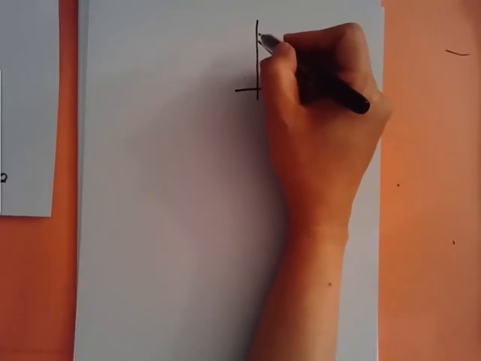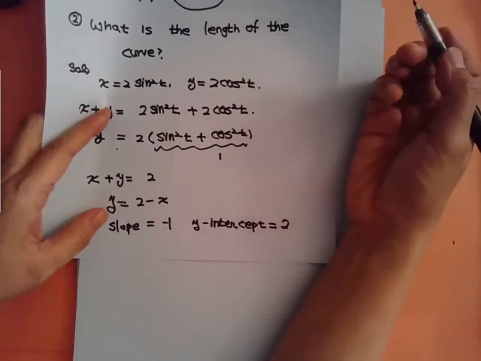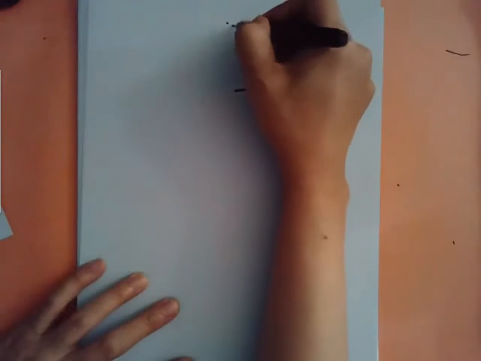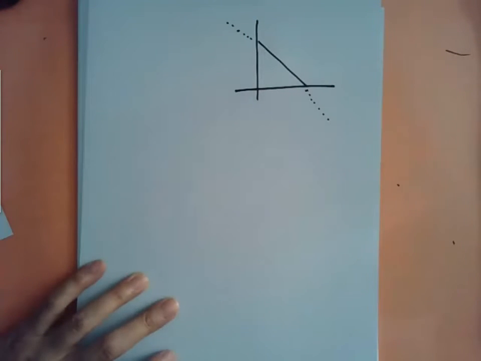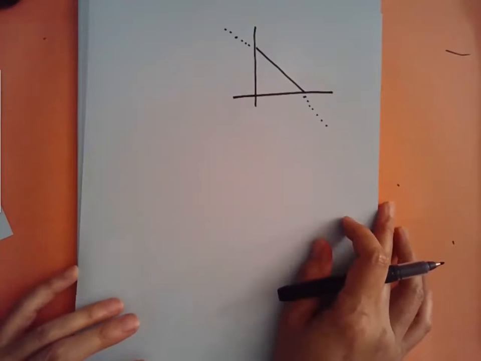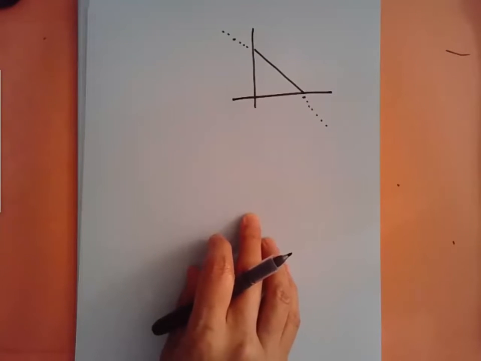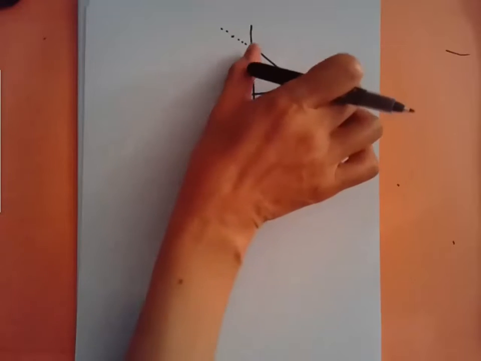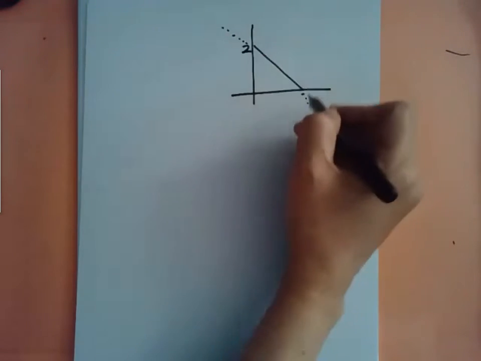Even though this equation's line can be extended, we are drawing the parametric curve, so we don't extend the curve beyond this. This is 2 and this is 2.